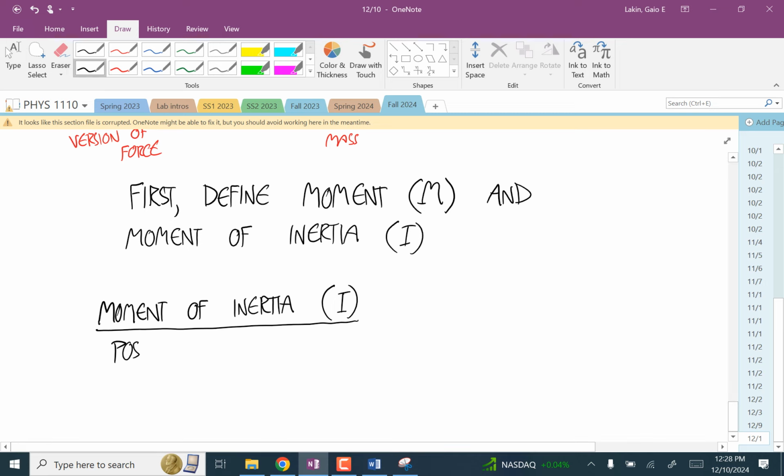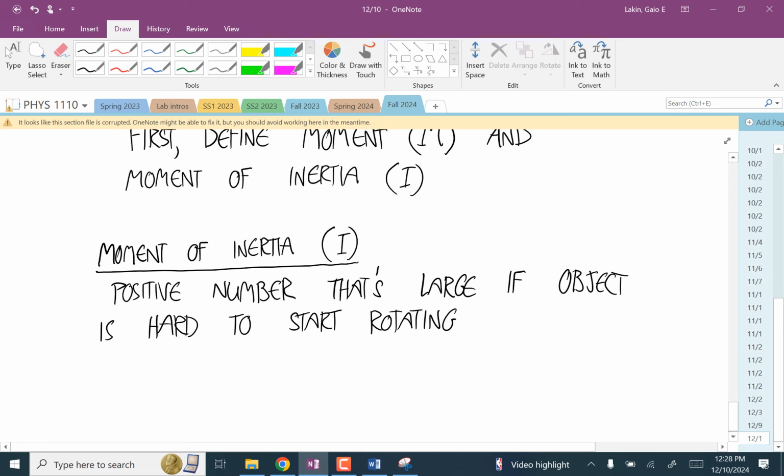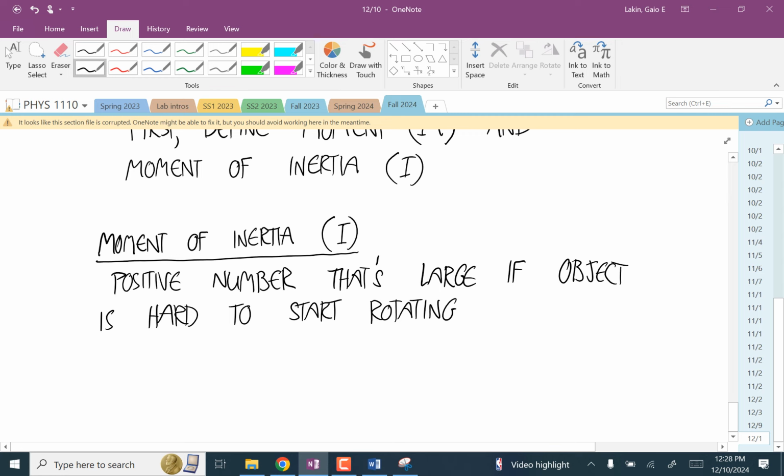And this is always a positive number. And this positive number is large if the object is hard to start rotating and small if the object is easy to start rotating.